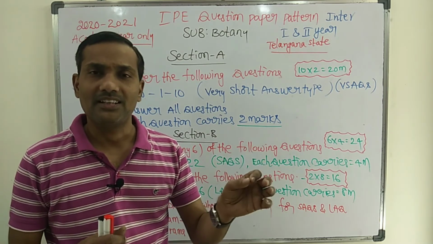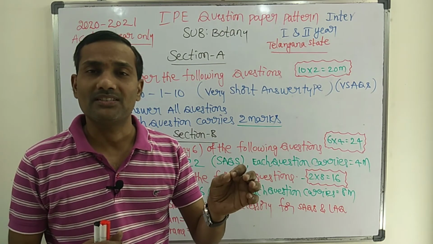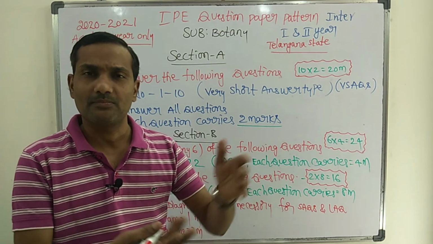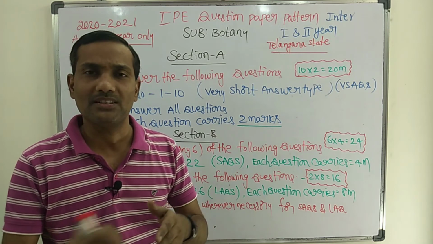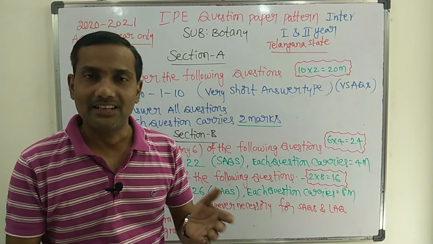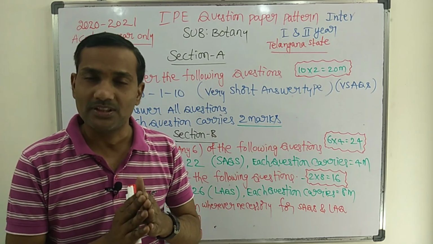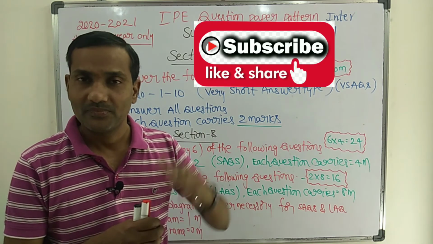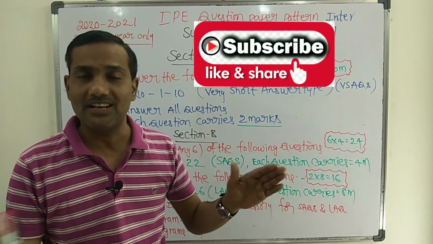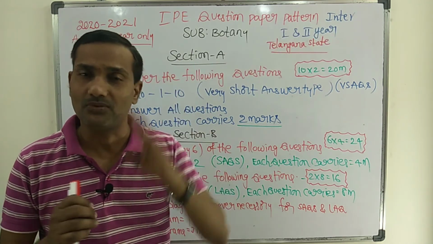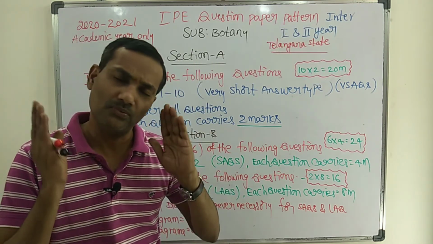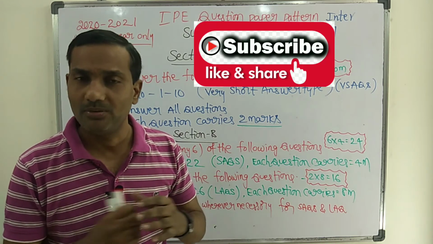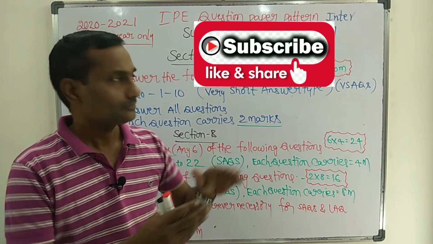Or, economic importance of algae and bryophytes. For such 4 mark questions with no diagram, writing the total answer gets full marks.